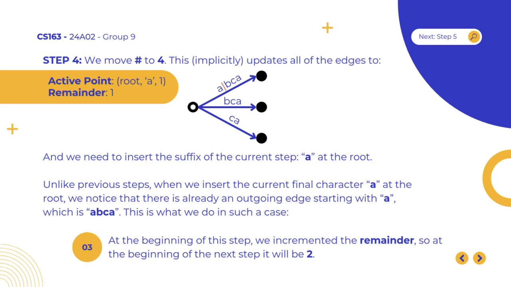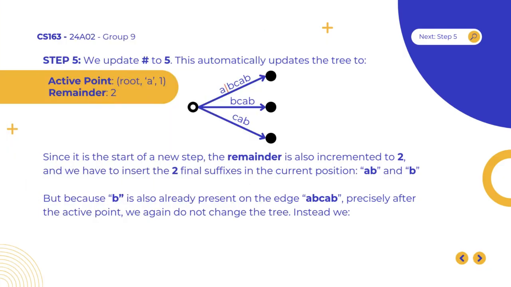We go to step 5. We update again the position to 5. This automatically updates the tree to this, basically adding B to every leaf edge. Since it is the start of a new step, the remainder is now incremented to 2. But that is our problem.